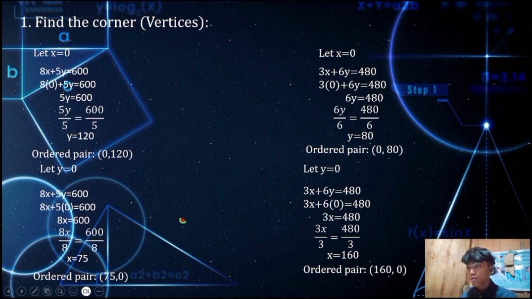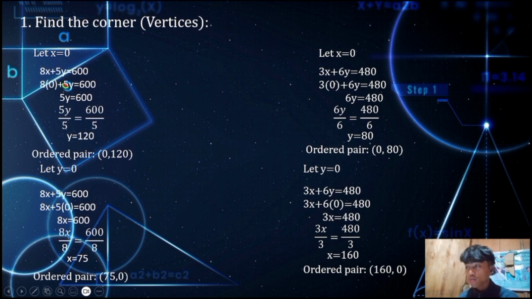So find the corner vertices. Let x equal 0. So 8x plus 5y equals 600.